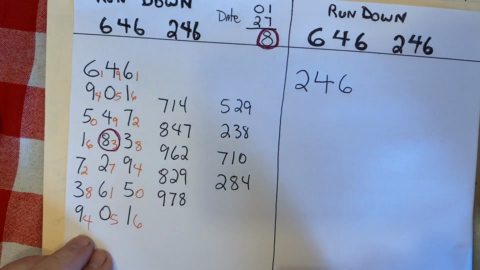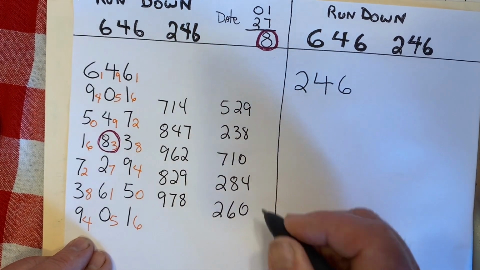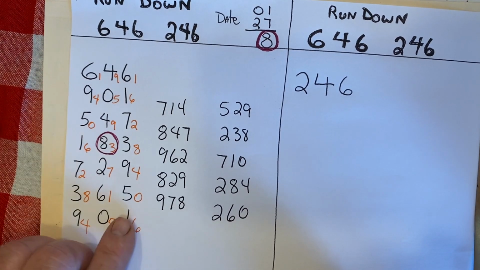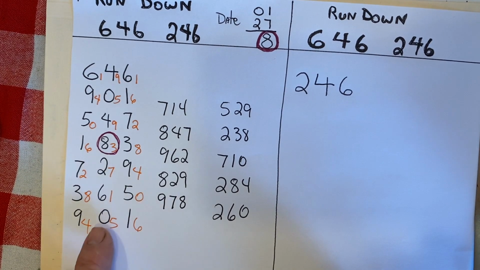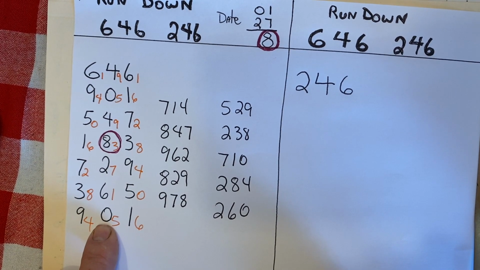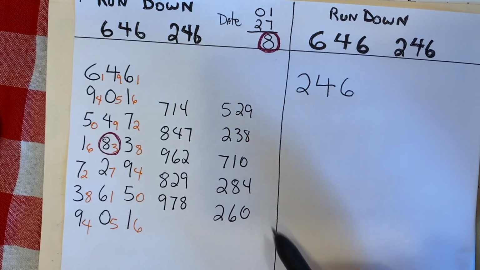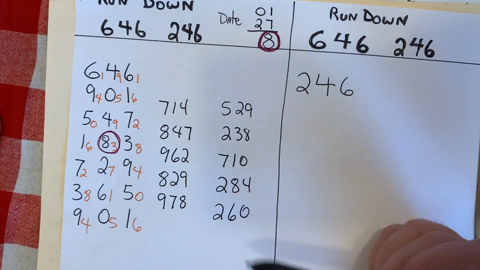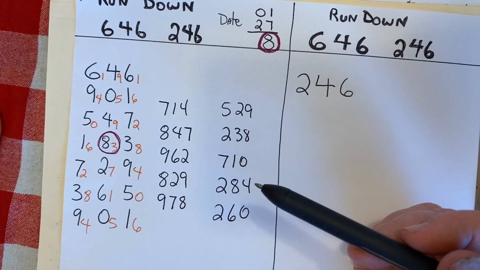Okay, the next number is going to be 260, 2, 6, and then the mirror number will be 0, or you can do it right here as a non-mirror number being 0. Okay, this right here is 1, 2, 3, 4, 5, 6, 7, 8, 9, 10. That's 10 numbers at $1 a piece on exact.